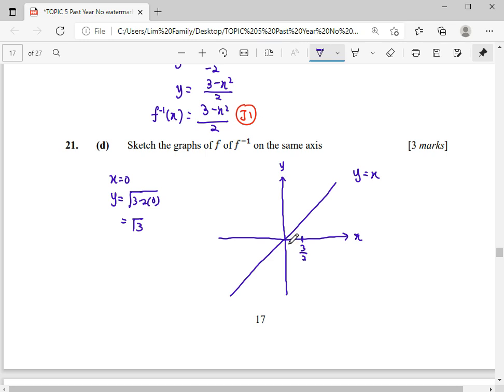Because we estimate this length for 3 over 2. So 3 over 2 is 1.5. When we press our calculator, sqrt3 equals 1.7 something, 1.732. So it means that it will be longer. When you shoot up, it will be longer.